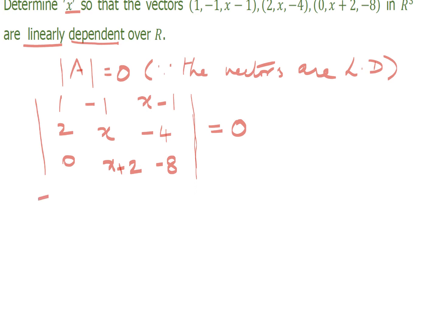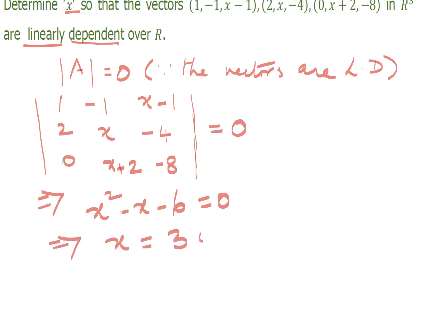As we expand, we get x square minus x minus 6 equal to 0. So this gives the values of x as 3, or it can be minus 2. So whenever x takes the value 3 or the value minus 2, these three vectors become linearly dependent.